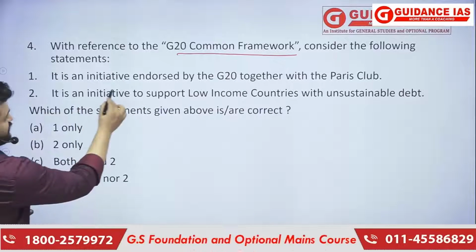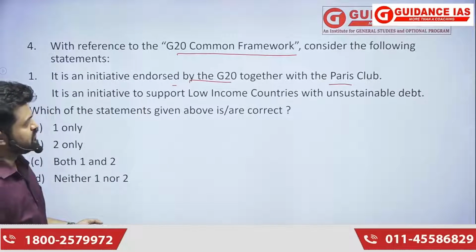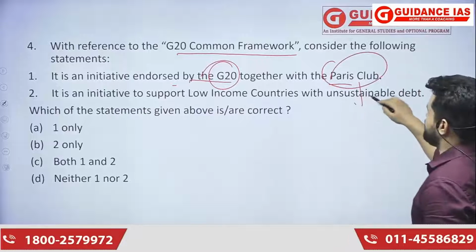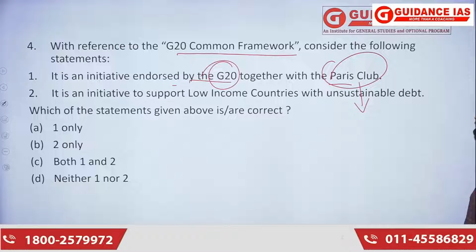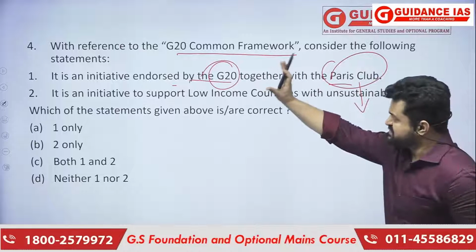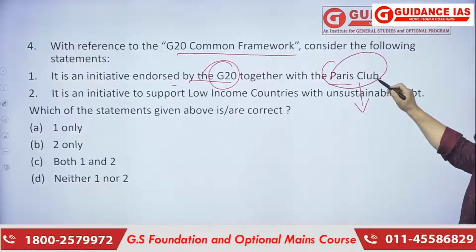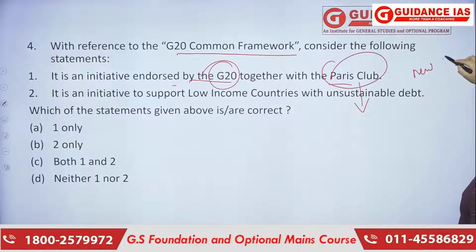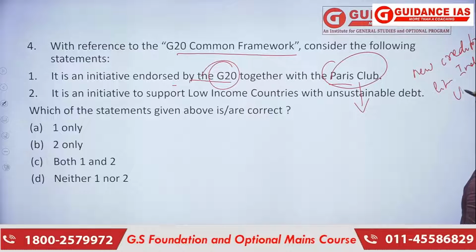It is an initiative endorsed by G20 together with Paris Club. Okay, so you already know what is G20. Paris Club is actually nothing but the traditional, conventional creditors of G20. For example, France, UK, and all. So yes, this is an initiative which is endorsed by G20 and also endorsed by Paris Club, but it is also nowadays ensured by new creditors like India and China.